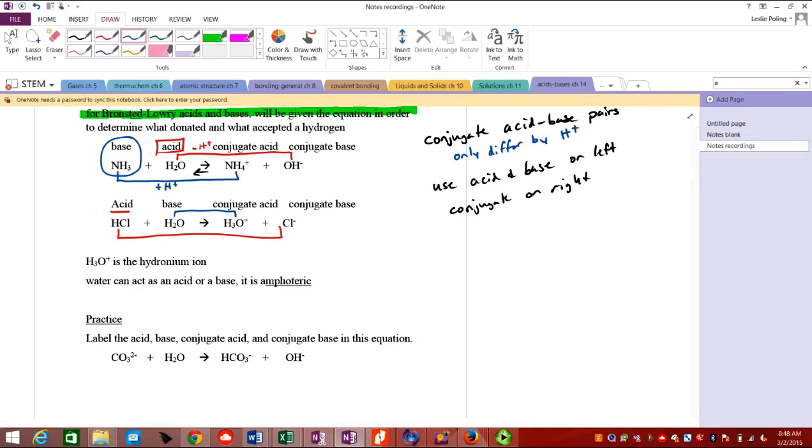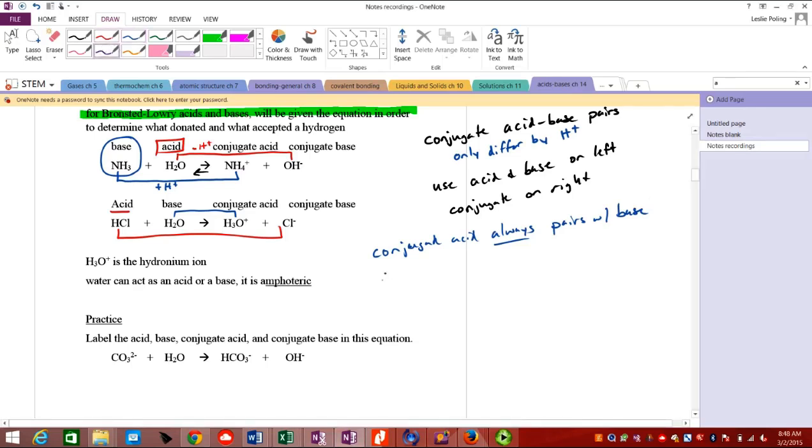And then, of course, the things on the right, you've got to look at the equation going backwards. But conjugate acid always pairs with base.